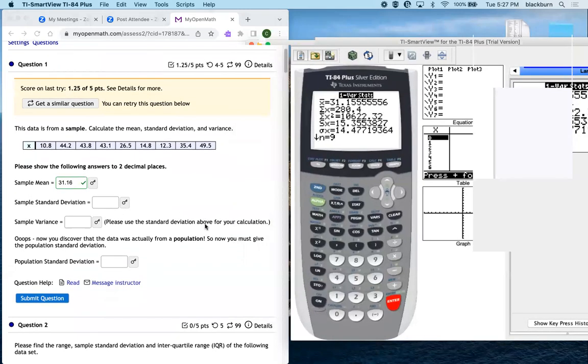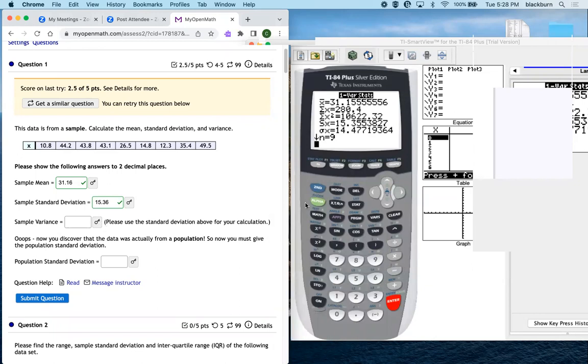Then it wants the sample standard deviation. Which one is it? Let's see. I better look at my notes. The sample standard deviation is going to be Sx. So the Sx value, that's your sample, 15.36 is going to be the sample standard deviation. The sample variance is the square of the standard deviation.